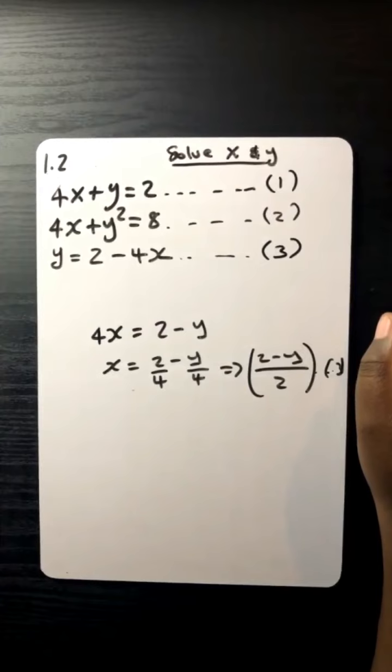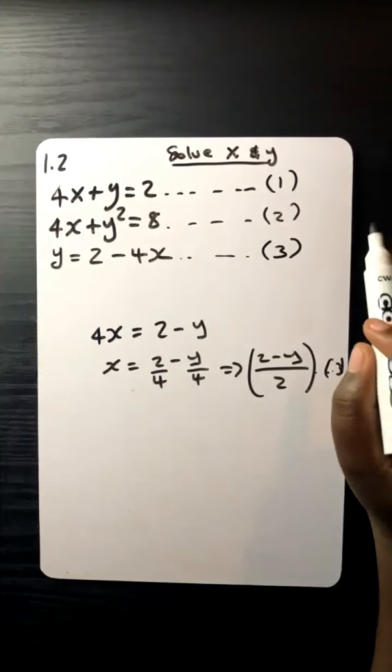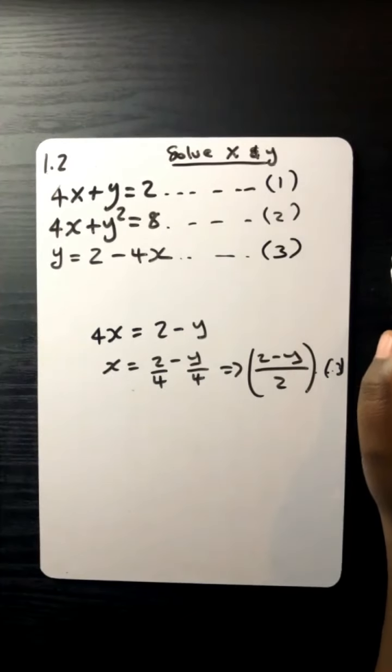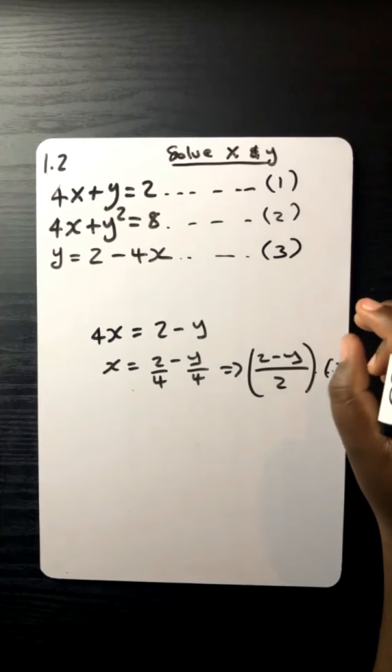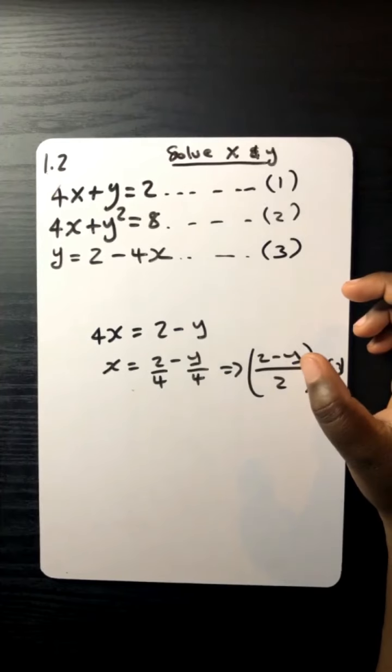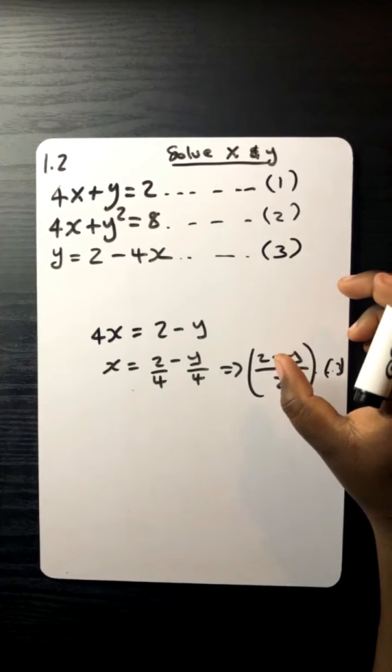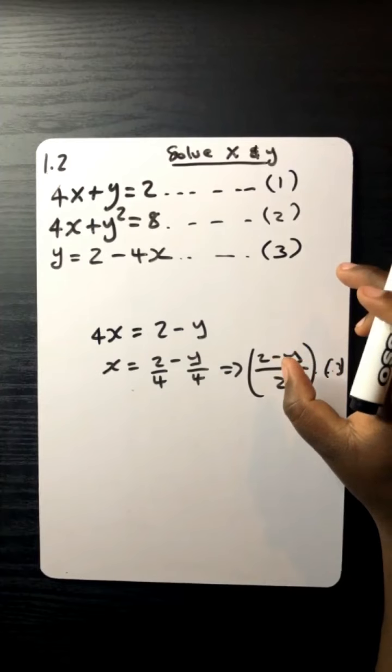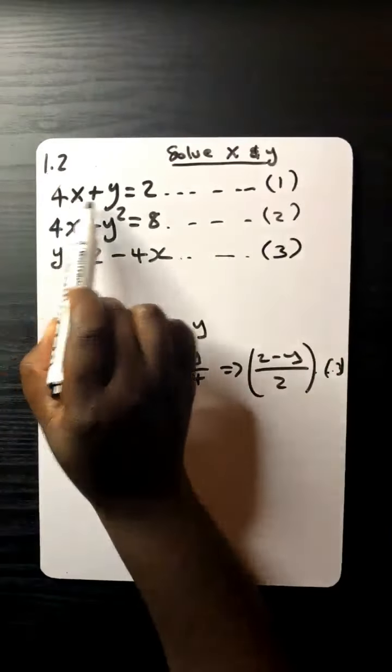So that's why, guys, I'm saying you need to be strategic in terms of checking which variable to make the subject of the formula. It doesn't mean always you must make x the subject of the formula. It doesn't mean always you must make y the subject of the formula. And remember, guys, it can be a there, b there.